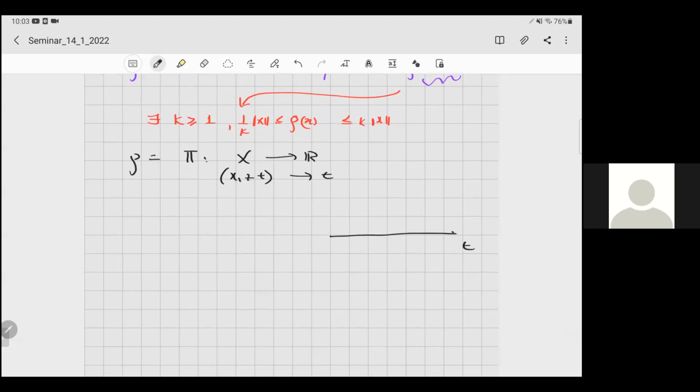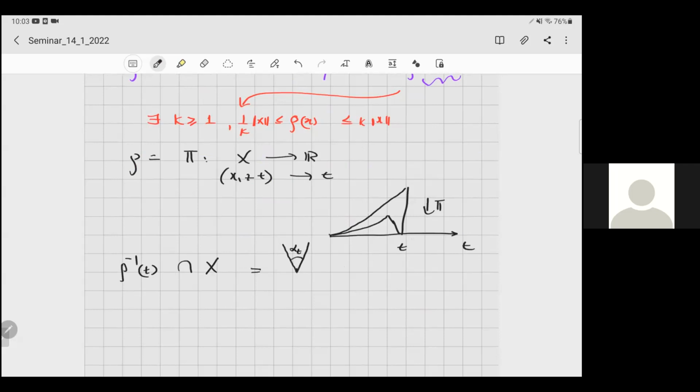This is T. So this is the set X, right? Actually, if you take rho, this is the projection. So then we have rho minus 1 of T intersect X. Actually, it has this form. It's like the V, but the angle here, let's say alpha T.